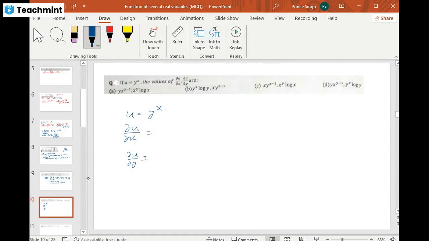So when we treat y as a constant, it is like the derivative of a power x, and its derivative is a power x log a. So y is constant, so y power x log y. And when we differentiate with respect to y, x is treated as constant, it is like the derivative of x power n, which is n x power n minus 1. So x is constant, so x times y power x minus 1. So the answer is y power x log y and x times y power x minus 1.